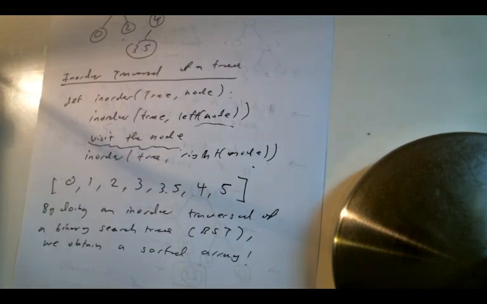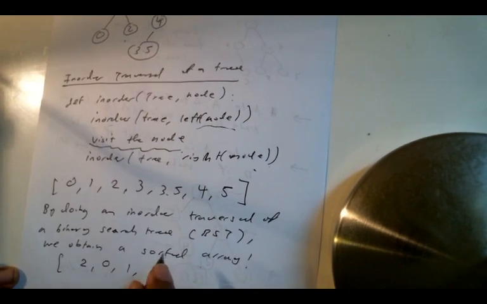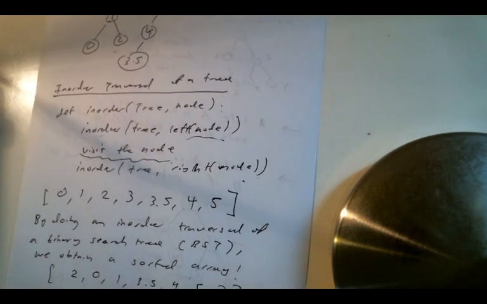So what are we doing when we do merge sort? Well, what's actually happening is that we're just inserting everything into a binary search tree and then traversing it. For example, when we have an unsorted array, let's say 2, 0, 1, 3.5, 4, 5, 3, we're basically inserting all of these things into a binary search tree, and then we're going to traverse that tree.